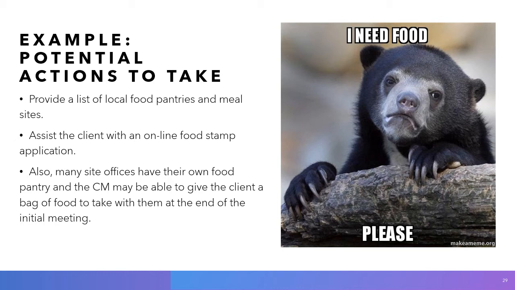A case manager can provide a list of local food pantries and meal sites. The case manager can assist the client with an online food stamp application. Also, many site offices have their own food pantry, and the case manager may be able to give the client a bag of food to take with them at the end of the initial meeting.